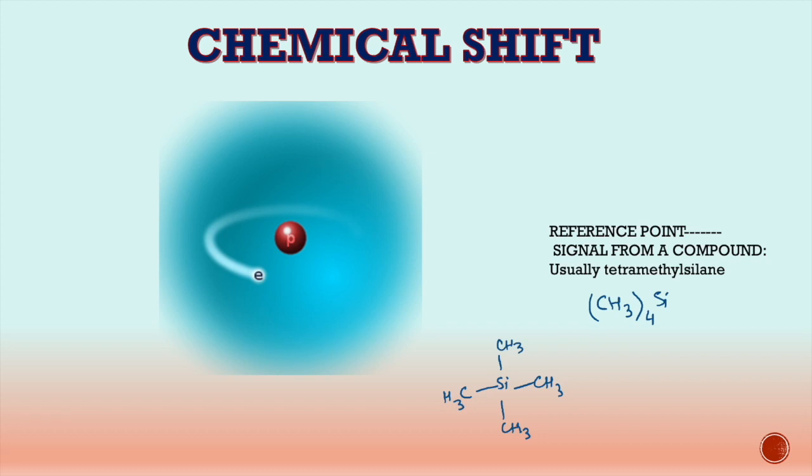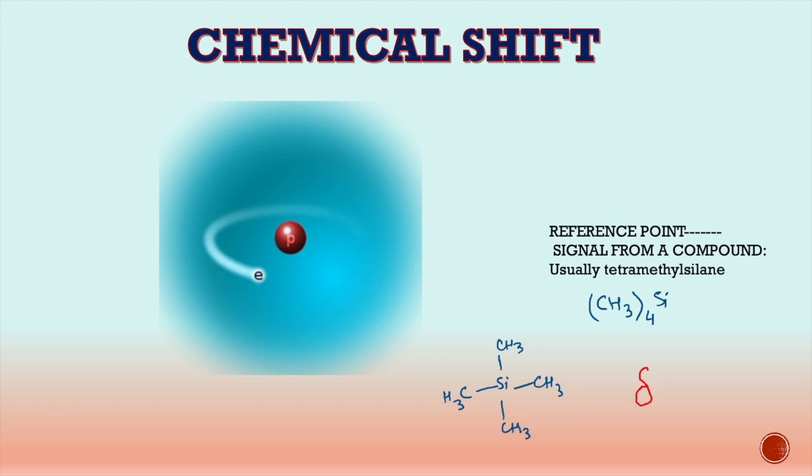Now, the most commonly used scale is the delta scale, which is chosen for measuring the signal, and it is represented by delta.